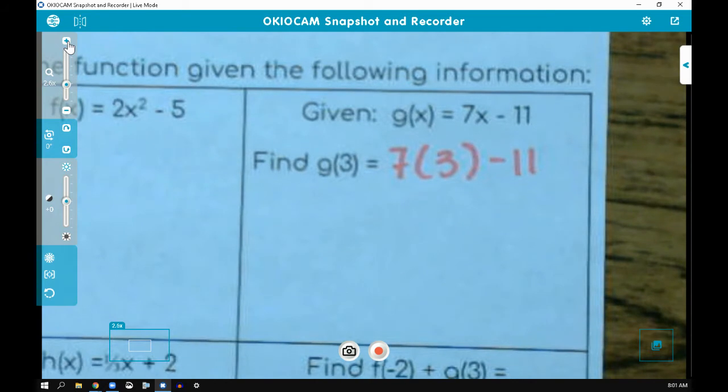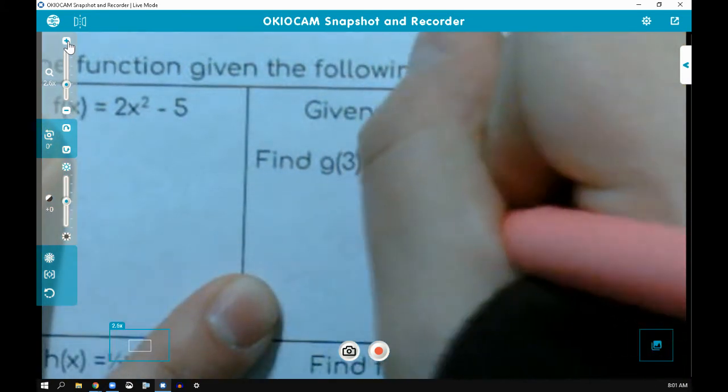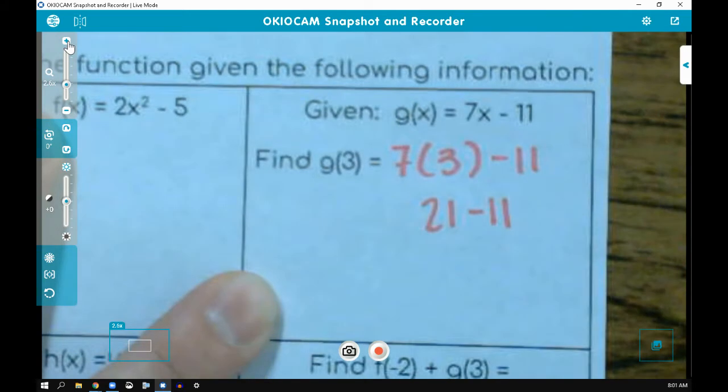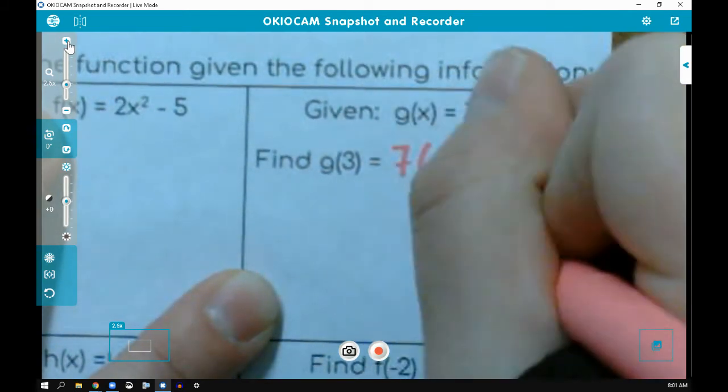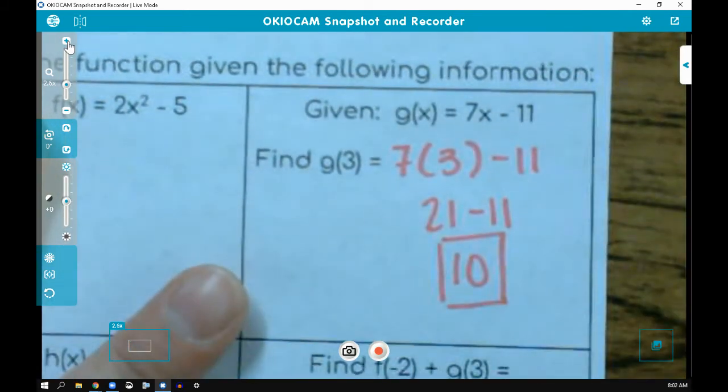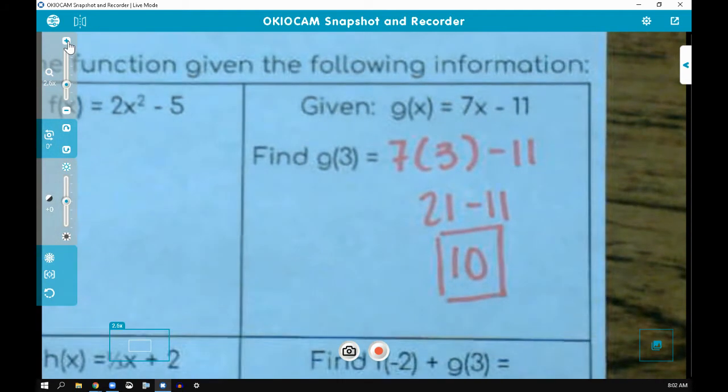We can do it piece by piece. So I can do 7 times 3 first. 7 times 3 is 21. So then I'm going to have 21 minus 11. And then 21 minus 11 is 10. That would be my answer. So g of 3 equals 10.